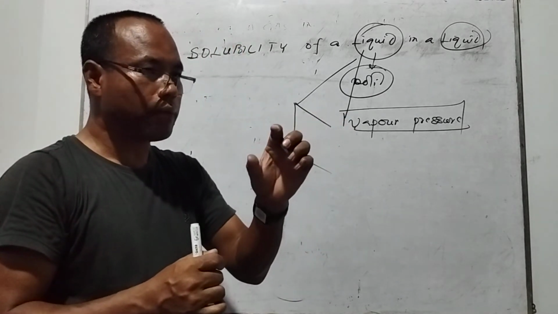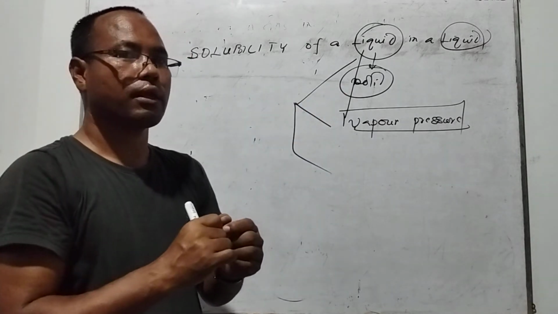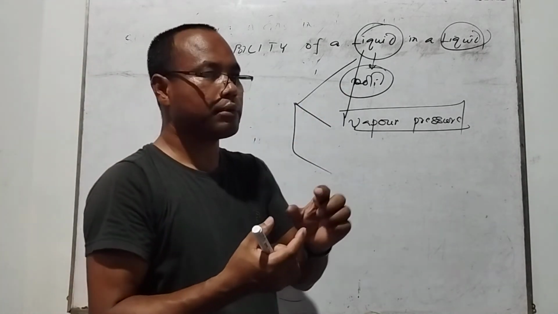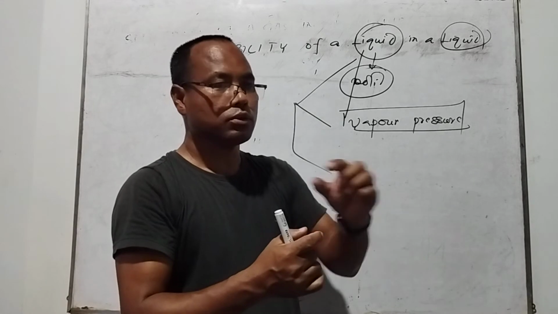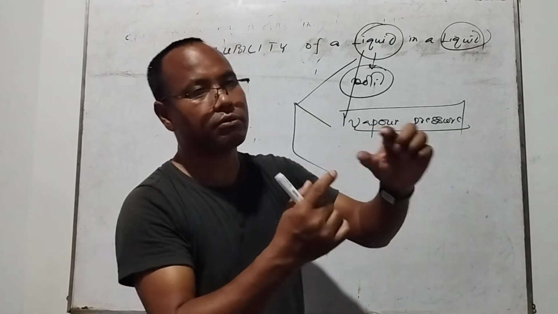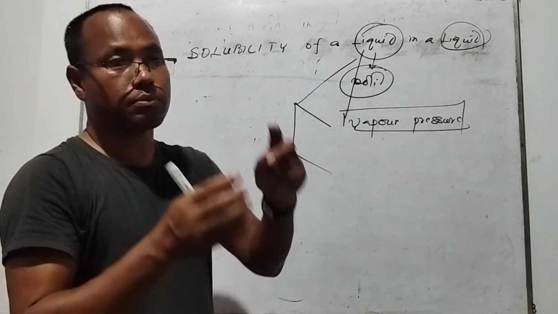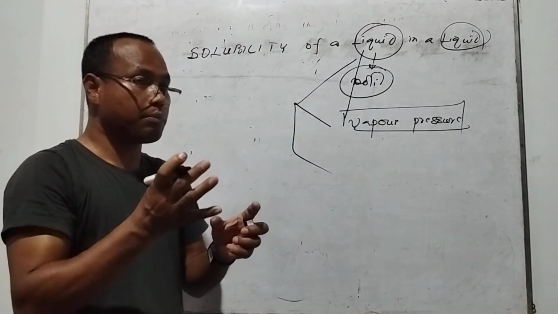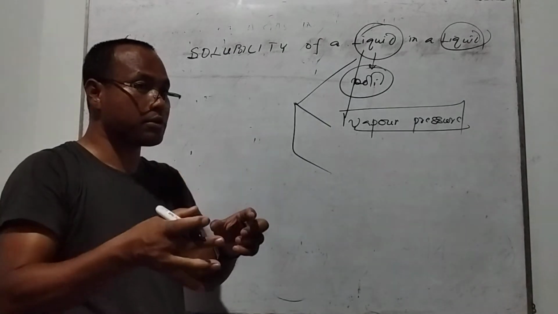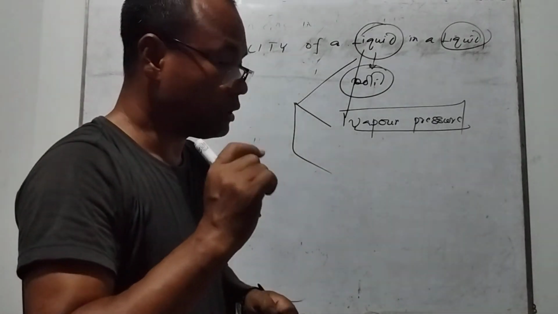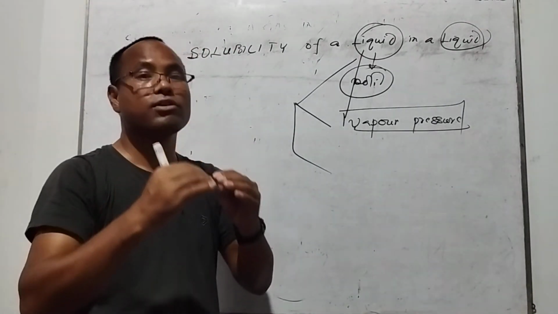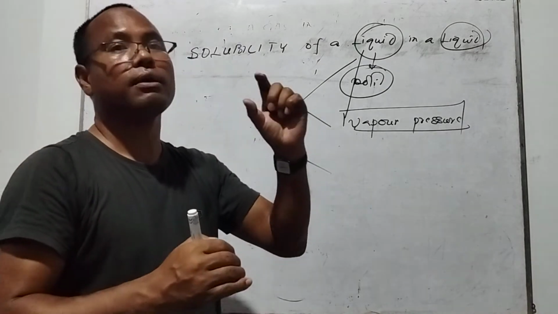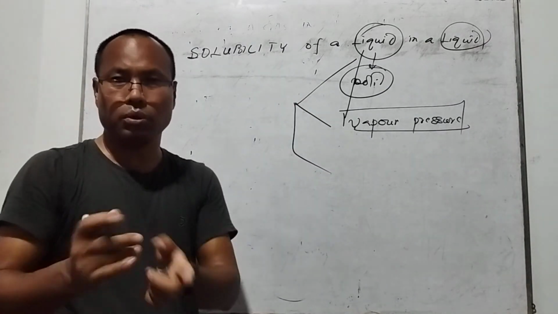Some liquids have a high escaping tendency, like petrol. So petrol can escape very quickly. That escaping tendency we term in chemistry as the vapor pressure. So petrol, I consider, has a high vapor pressure compared to water.